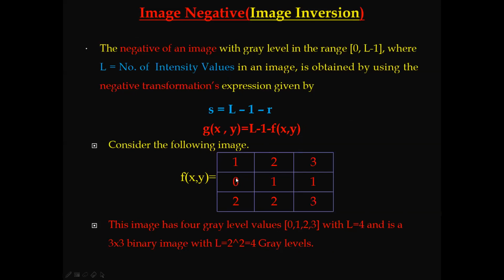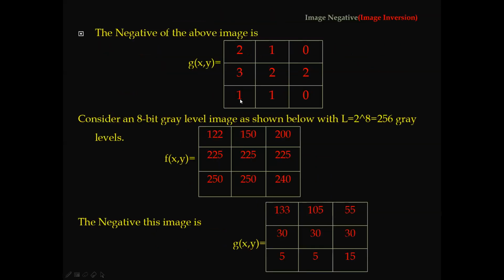The formula is L minus 1 minus r, so L minus 1 minus 0. L is 4, minus 1, totally 3. So the first value of the second row will be 3.